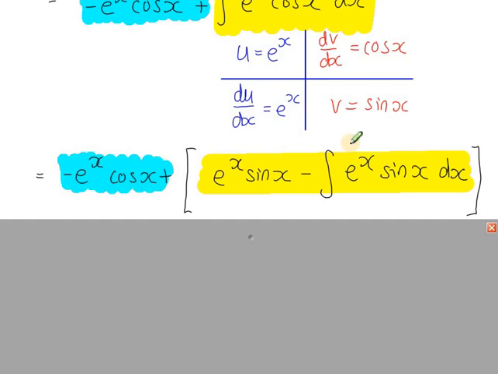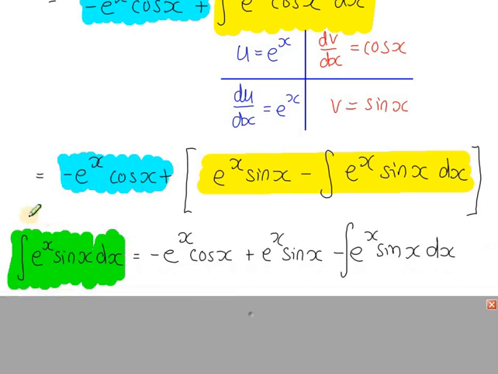So if we expand the brackets and rewrite the full problem so far, we have this. That was the original question there in green, and these are the terms that we've got so far. That minus e to the x cos x term is right there, e to the x sine x is here, and minus the integral of e to the x sine x is here. Now you'll notice that the term in green here and this term are the same.